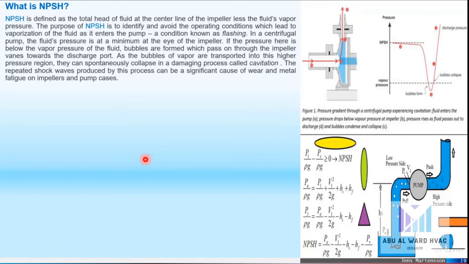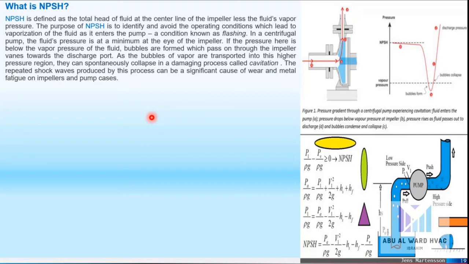In a centrifugal pump, the fluid pressure is at a minimum at the eye of the impeller. If the pressure here is below the vapor pressure of the fluid, bubbles are formed which pass on through the impeller veins towards the discharge port.